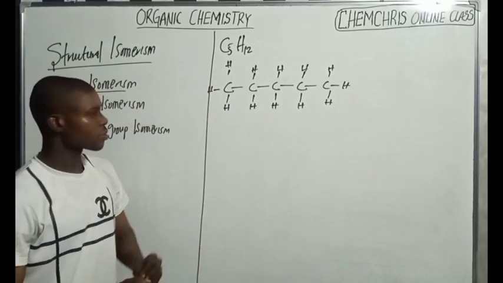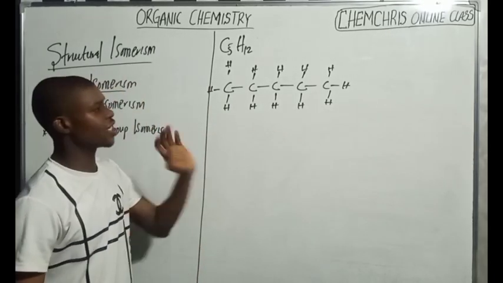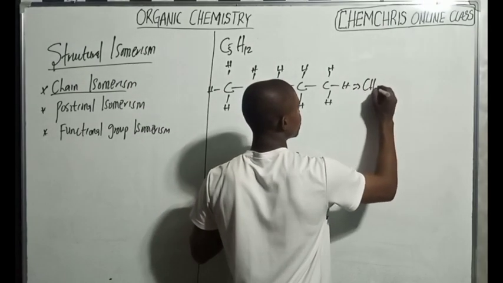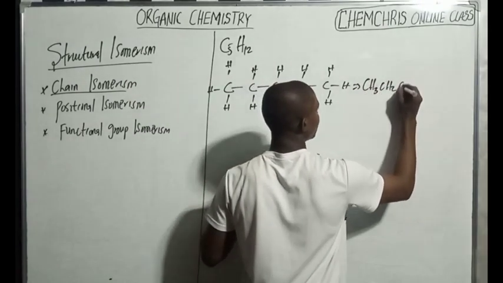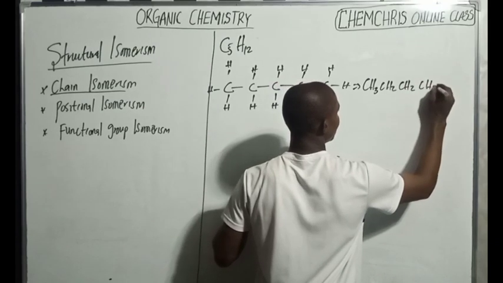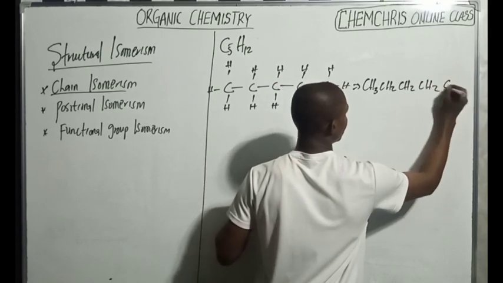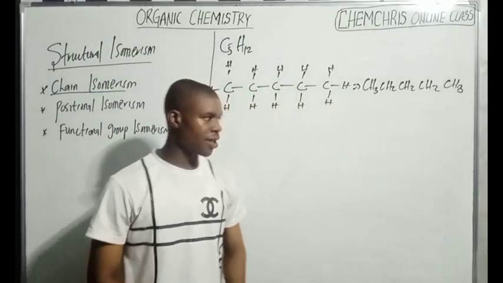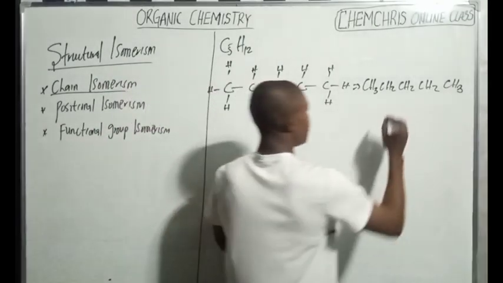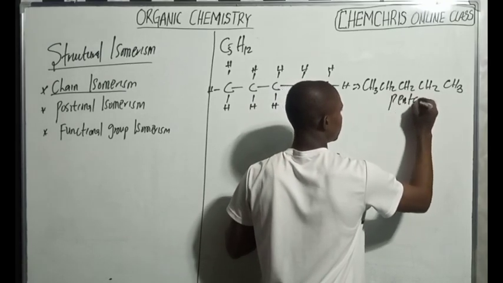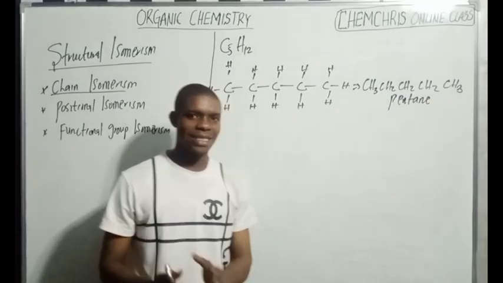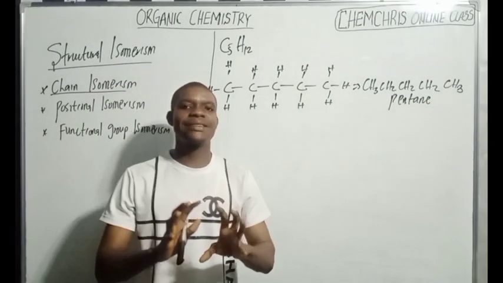If you check very well, now let's change to a condensed structure. You have CH3, CH2, CH2, CH2, CH3. The name of this one is called pentane. Pentane, right? So that was the first isomer.